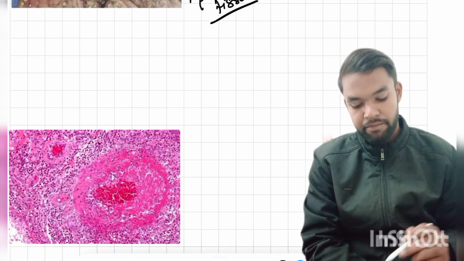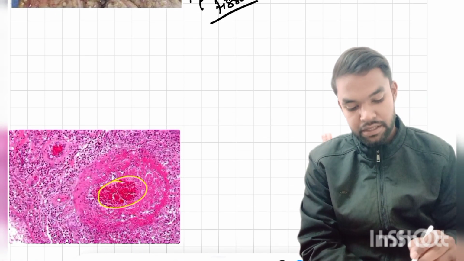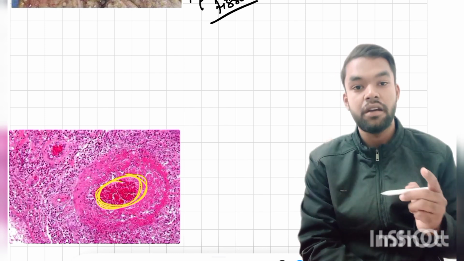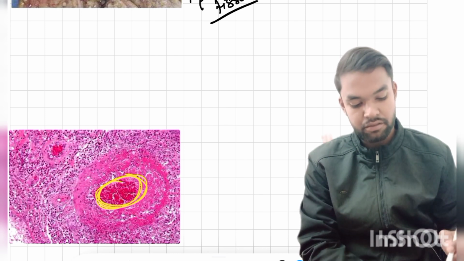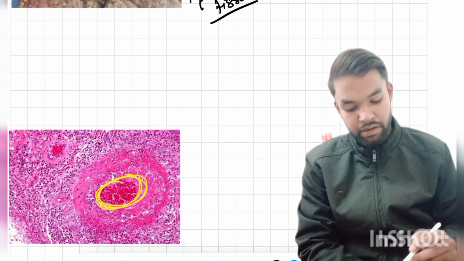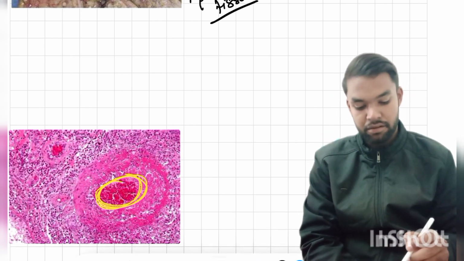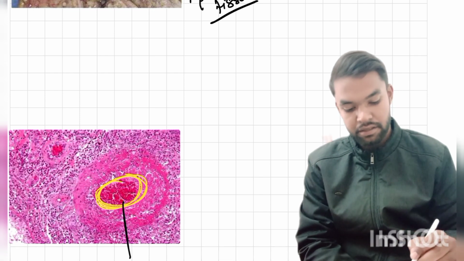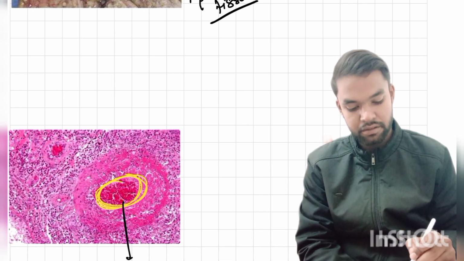In our last diagram, we can see another type of necrosis, known as fibrinoid necrosis. Fibrinoid necrosis is basically seen in the vessel wall.